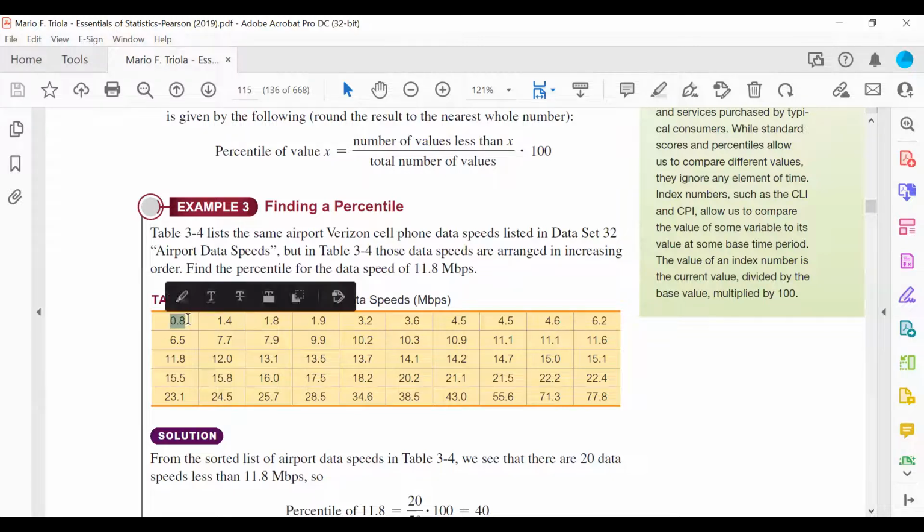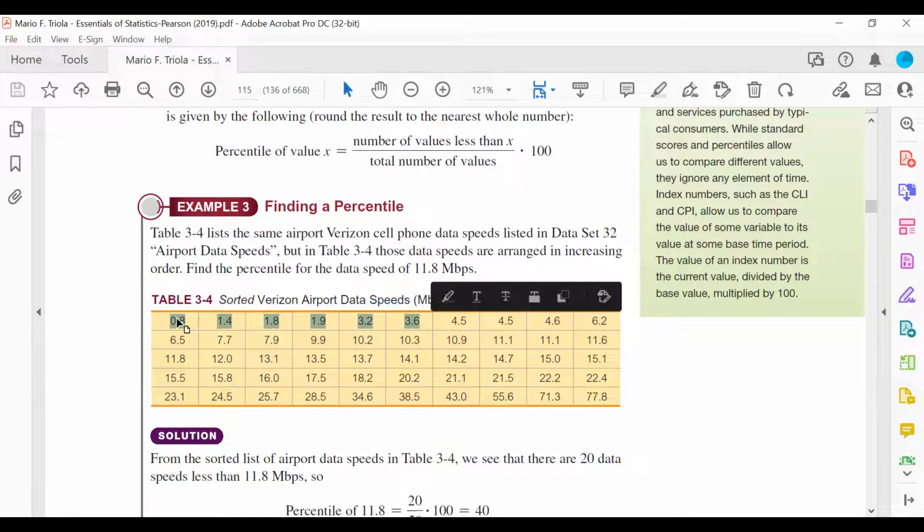1, 2, 3, 4, 5, 6. So it's 3.6, and the number right after 3.6 is 4.5.